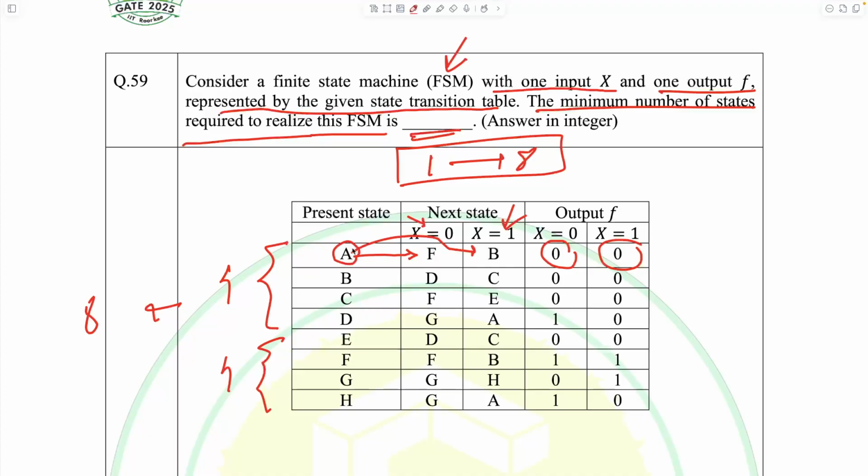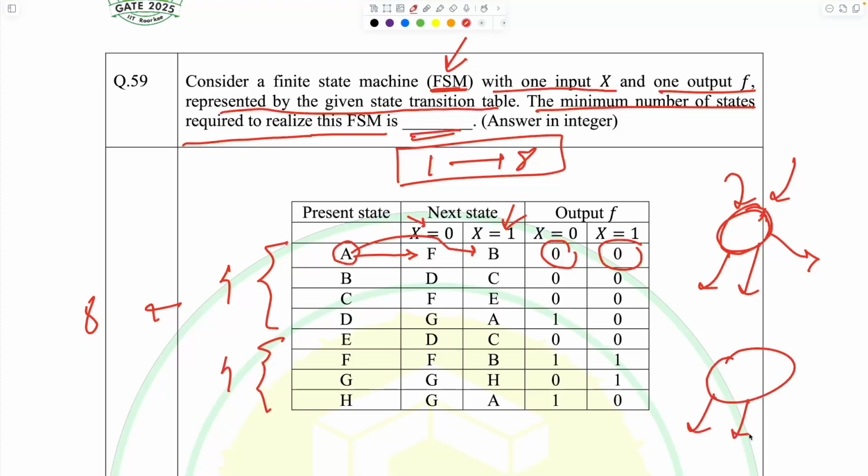The actual funda of FSM is that for any state, the definitional component is the outgoing transitions. If this is a state, the incoming transitions are not very important in defining that state, but the outgoing transitions are. So if two states have exactly the same outgoing transitions, then those two states are going to be the same.